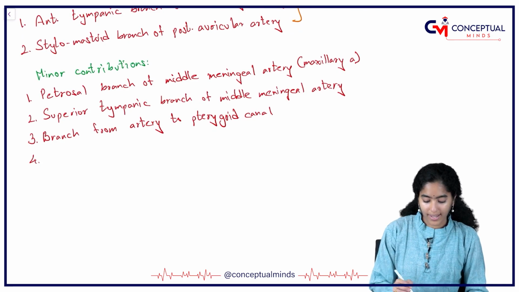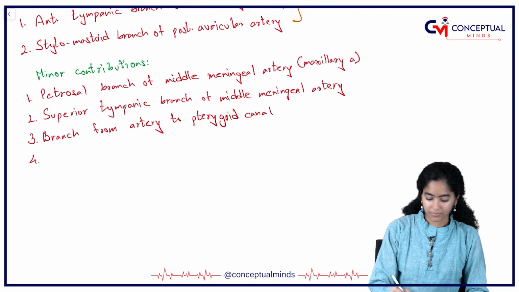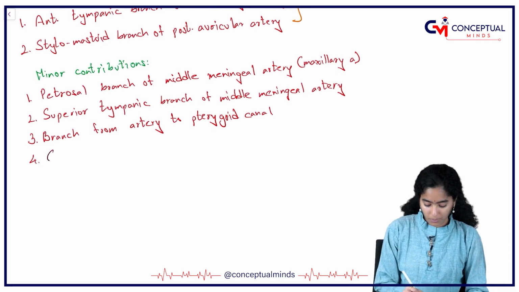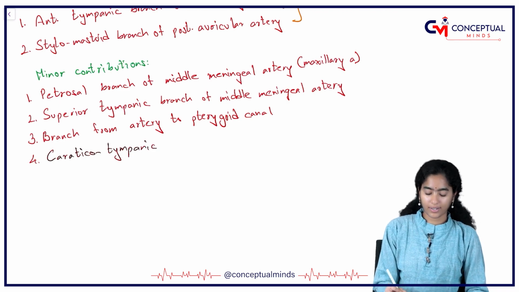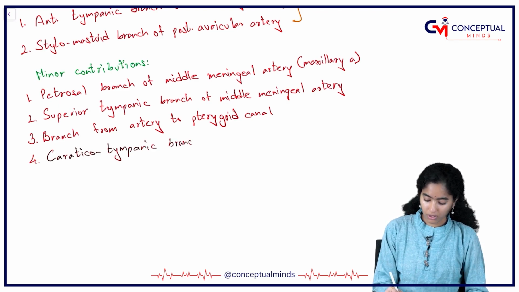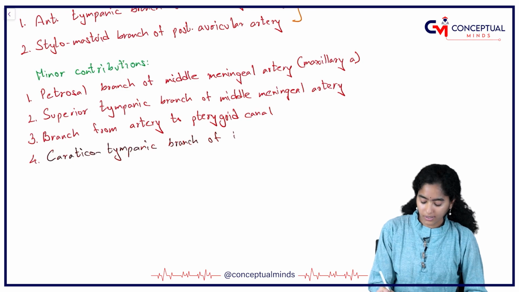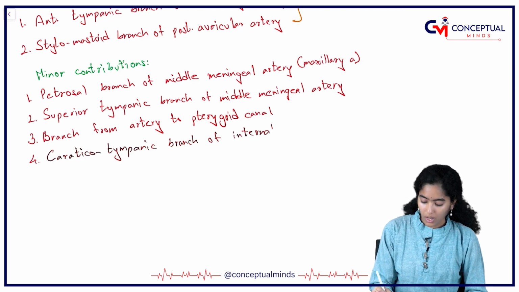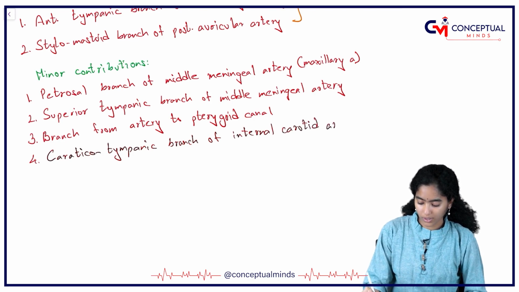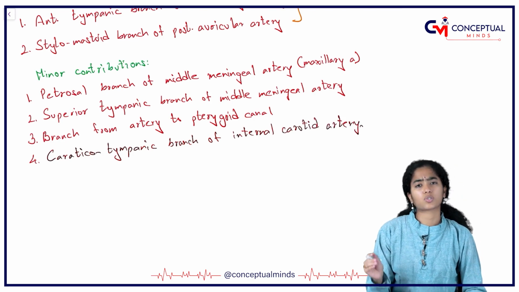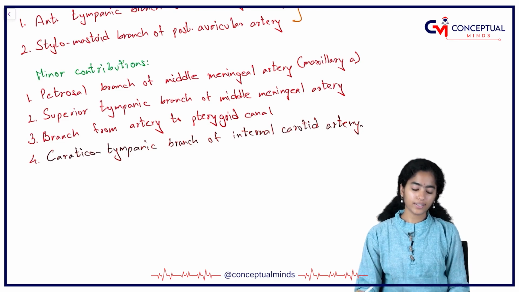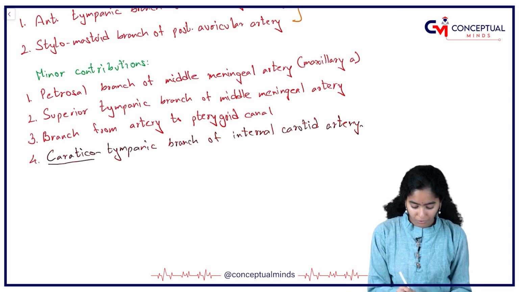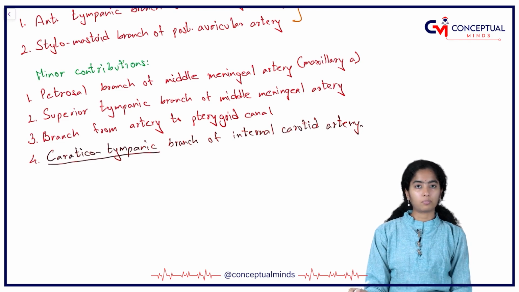Then the last contribution is from the caroticotympanic branch of internal carotid artery. All the other branches are from external carotid artery, whereas there is a small contribution from internal carotid artery in the form of caroticotympanic branch.